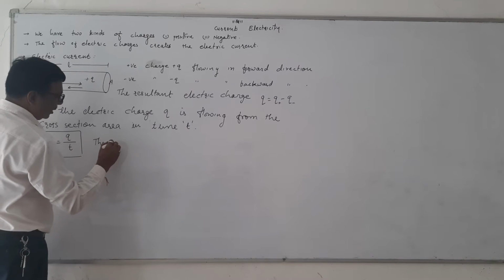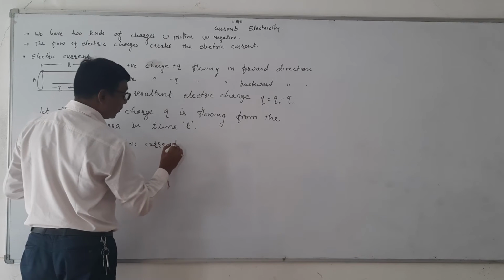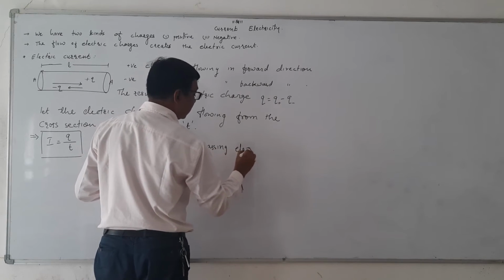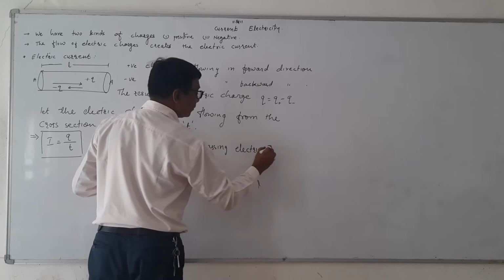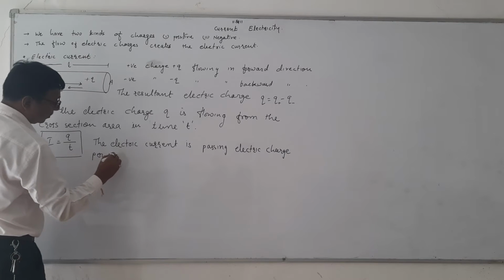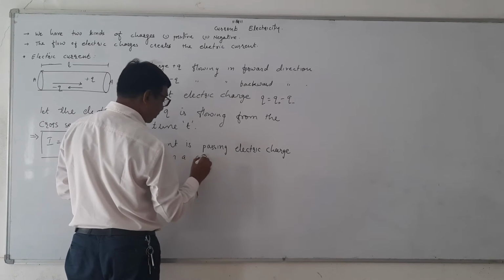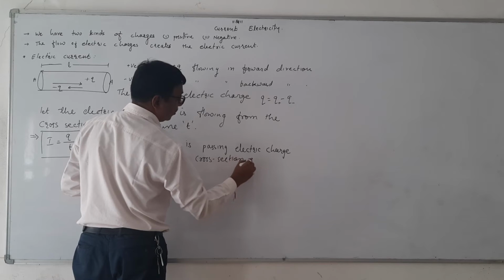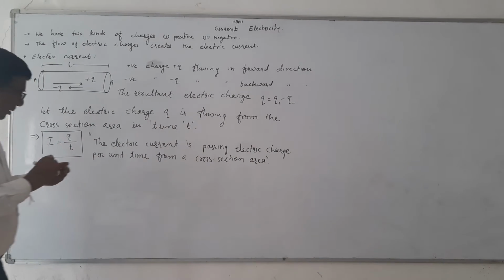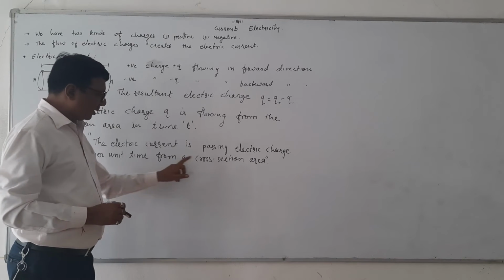Now by using this formula we can write the definition. The electric current is the electric charge passing per unit time from a cross section area.